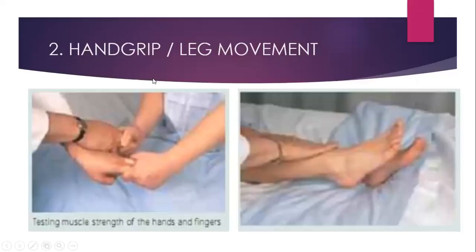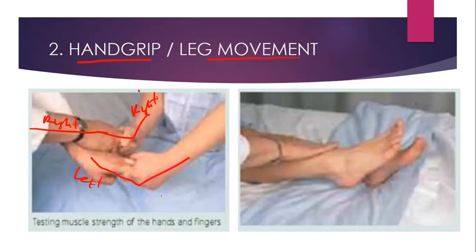Okay, let's continue. For the hand grip and leg movement, it goes like this. As you notice, this is the right hand of the nurse and the right hand of the patient. So it should be right to right, left to left.